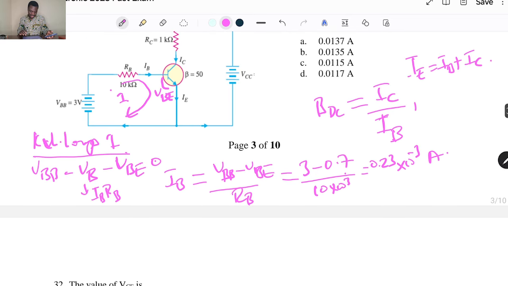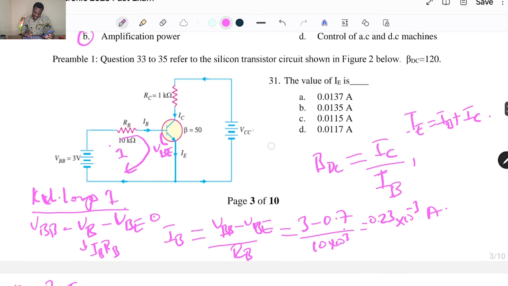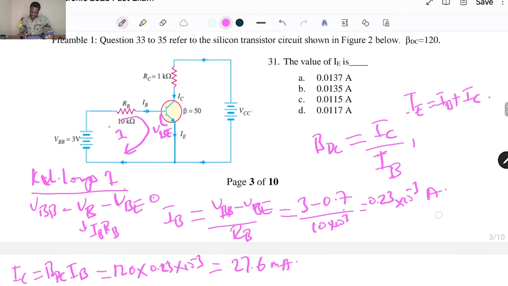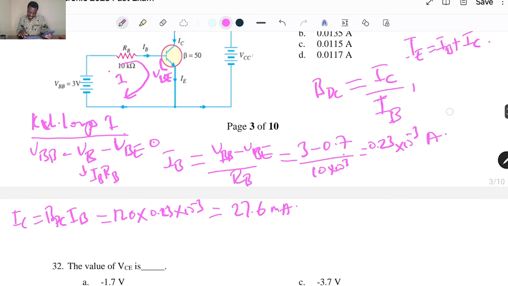Based on this, I can find IC using this formula. IC will be equal to beta DC times IB, where beta DC is given to be 120, times 0.23 times 10 power minus 3. So we get 27.6 milliamps. Now that we know this, I can find IE.